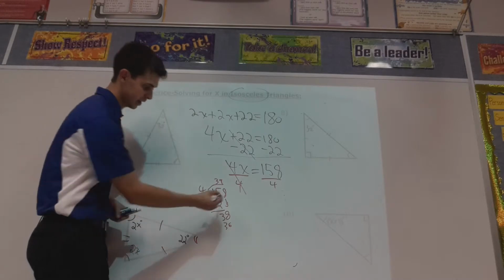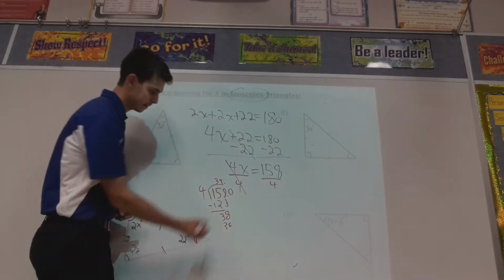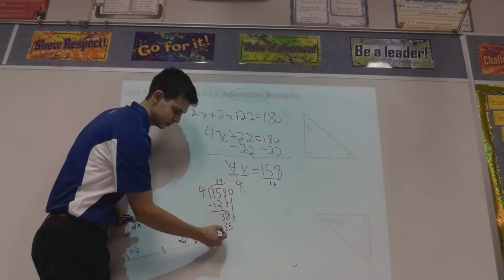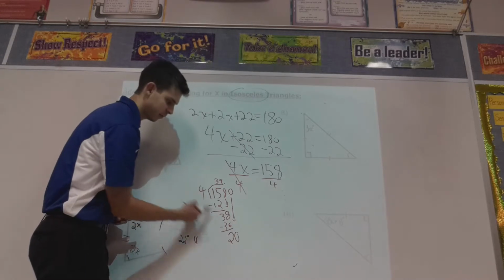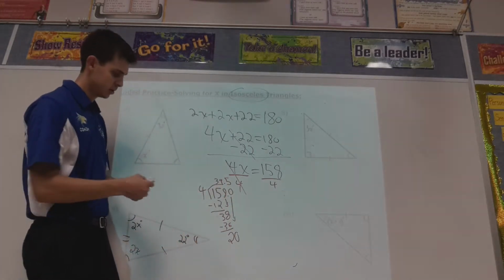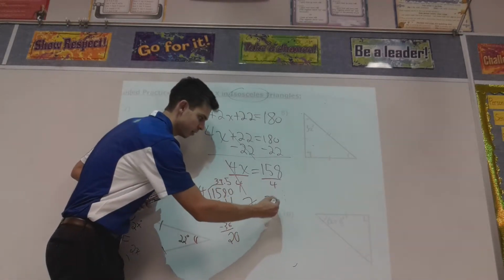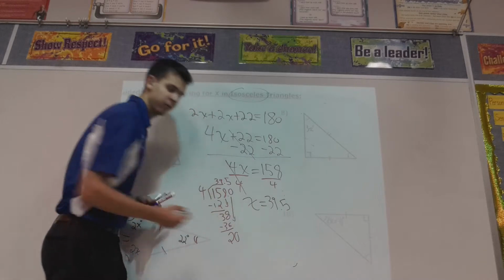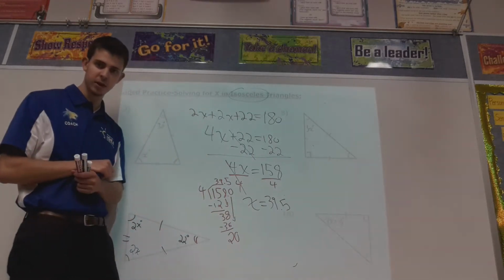Looks like I'm going to have a decimal. So I put both decimal points there. Forgot to subtract here, that's 2. Bring down the 0, 4 goes into 20 5 times. So, x is equal to 39.5. Okay, I'll let you pause it here if you need to copy down these steps.